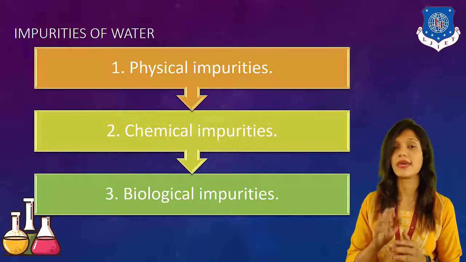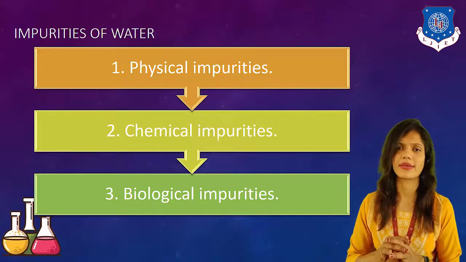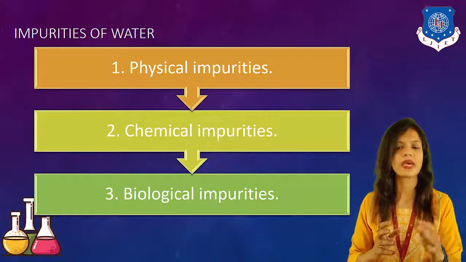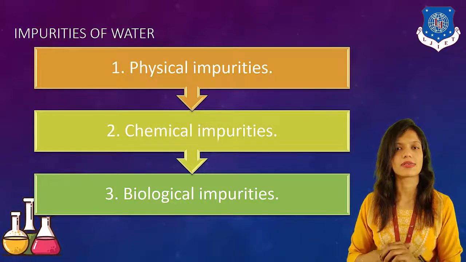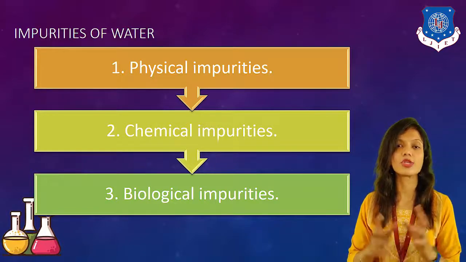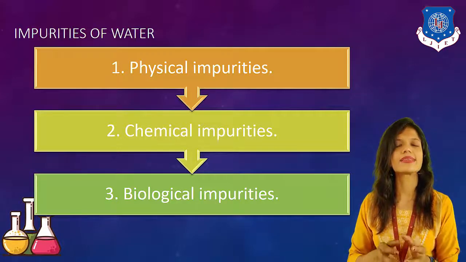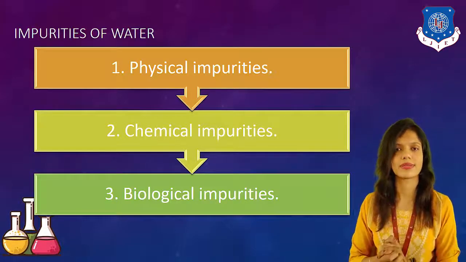Chemical impurities change its chemical properties, even by adulteration or contamination through such kinds of chemicals. Likewise, we have biological impurities. So certain bacteria and viruses are there, and they create such kinds of impurities.